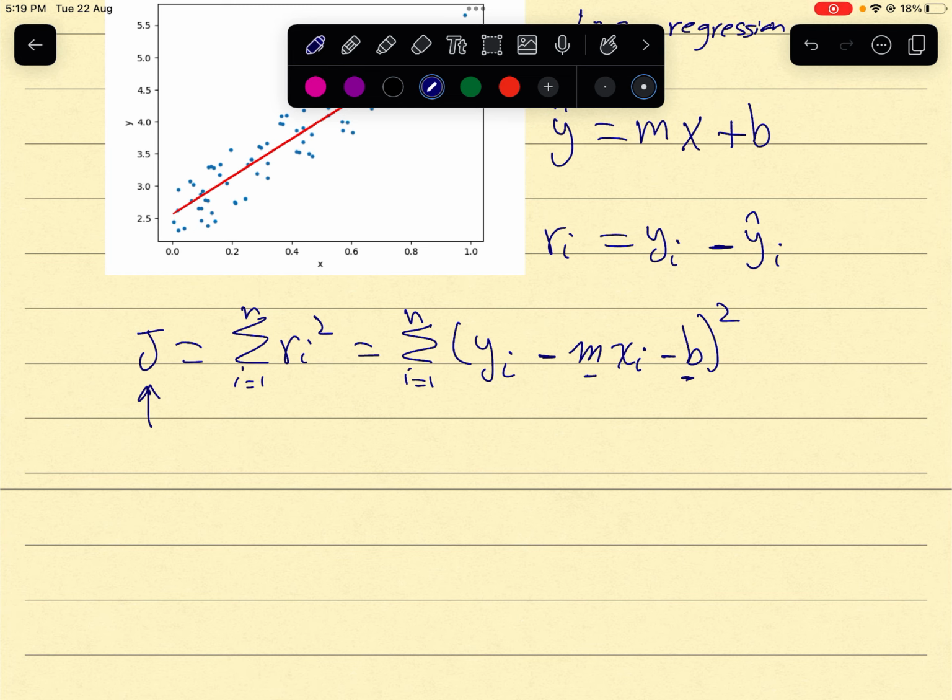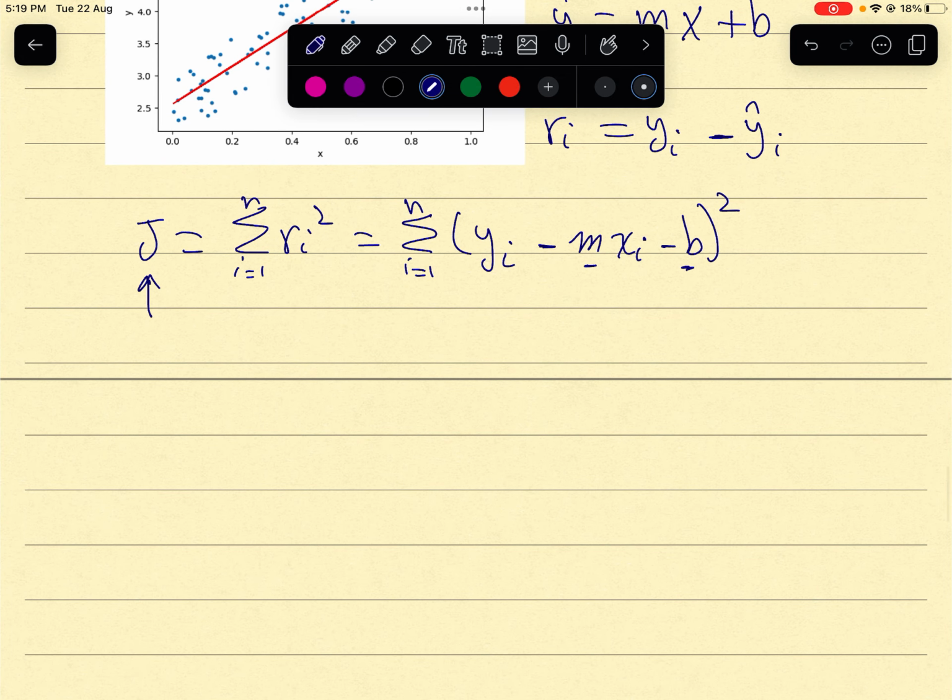So I will set the gradient of J to 0, partial J over partial m and partial J over partial b, because I want to get the optimal values for m and b, okay?